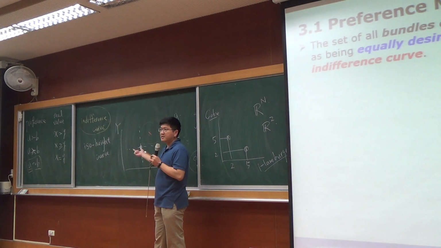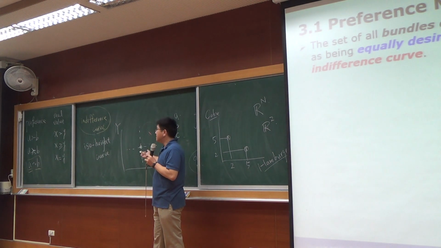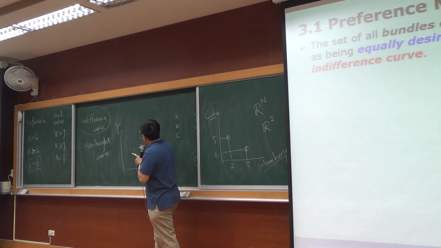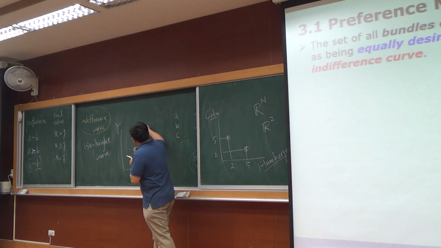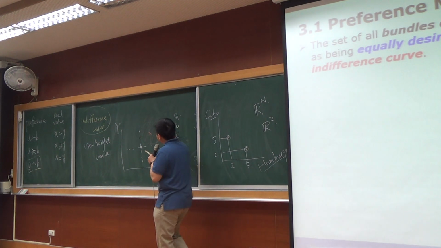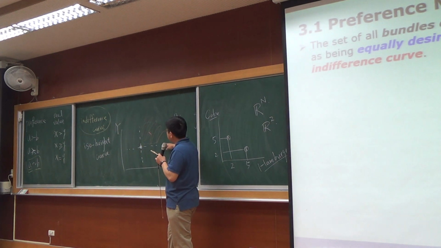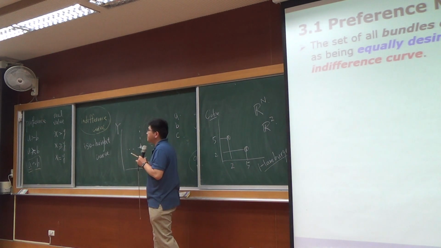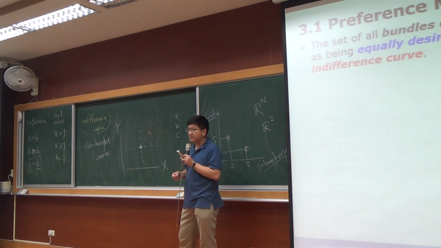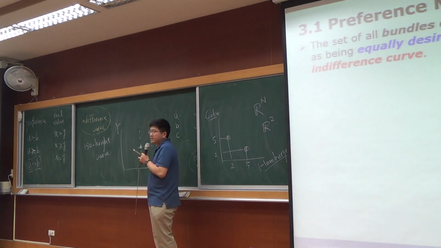Because more is better. So that's the reason why we do not have any point in this region giving us the same level of pleasure, the same level of happiness as this one. Okay?